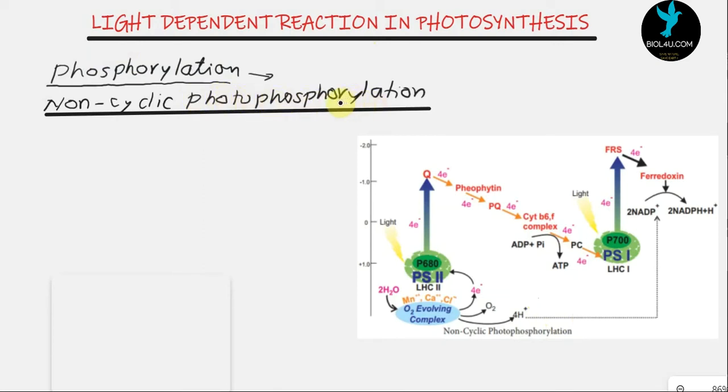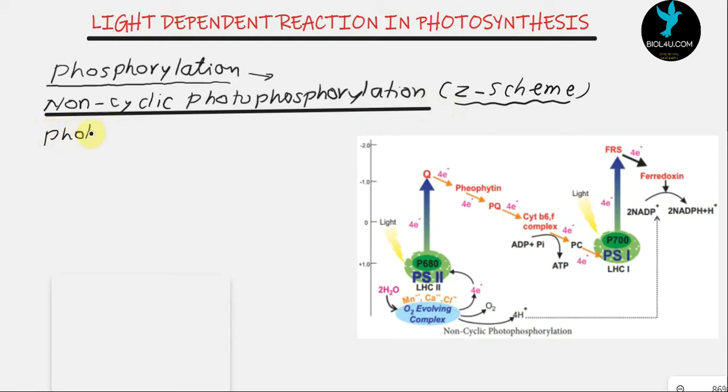This non-cyclic photophosphorylation is also known as the Z scheme. Why it is called the Z scheme, you will know after completing the explanation. So here this non-cyclic photophosphorylation involves photolysis of water.